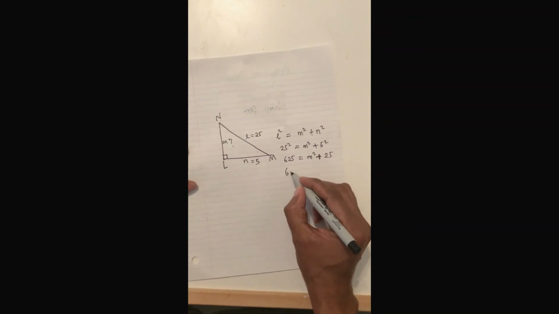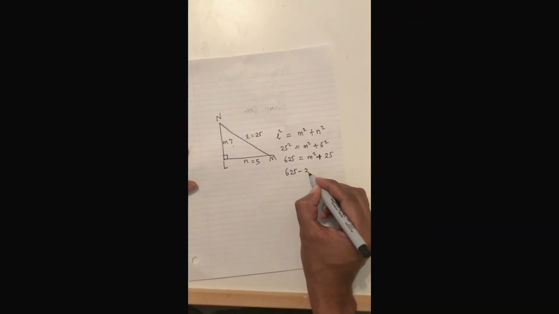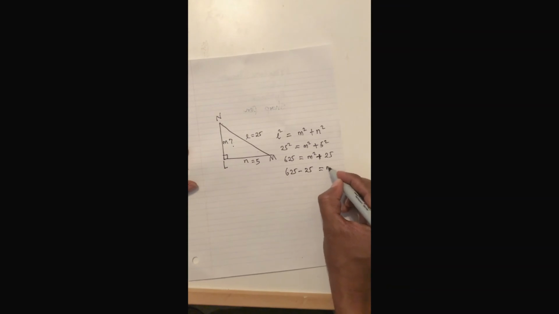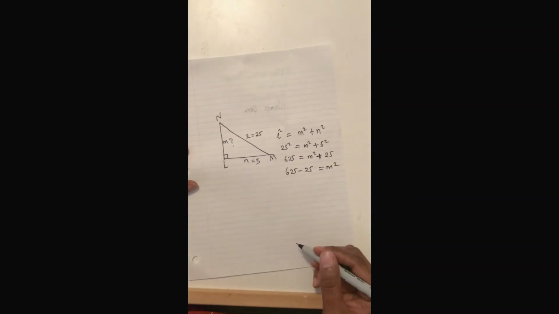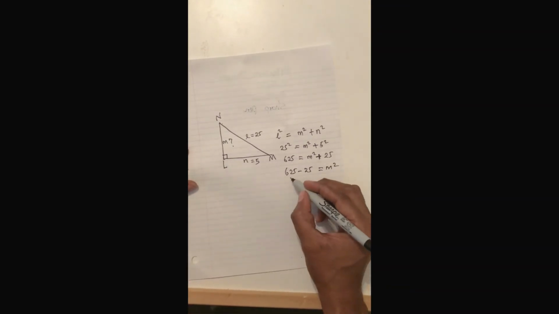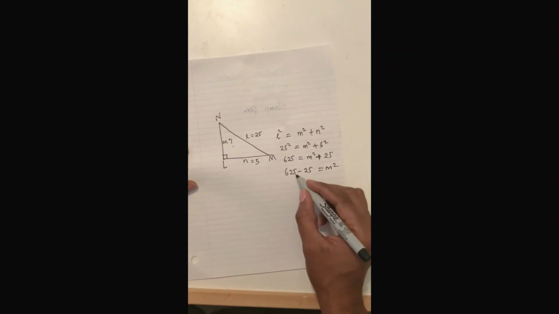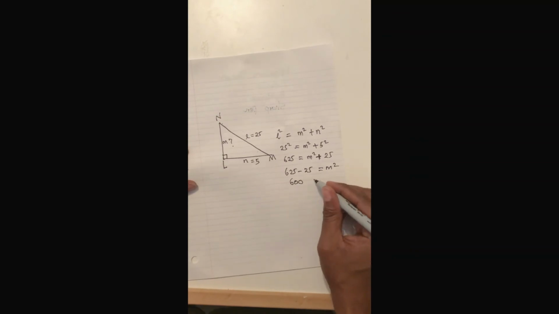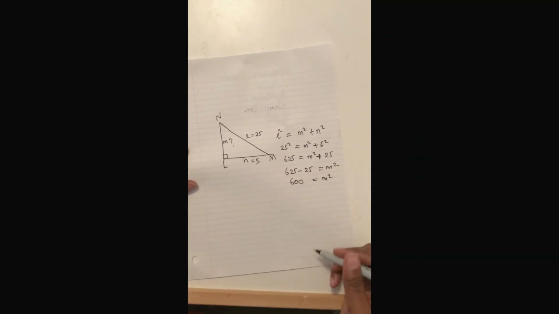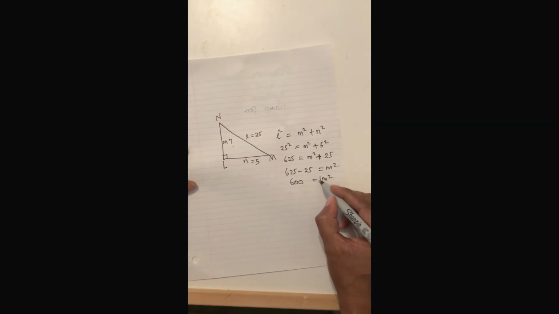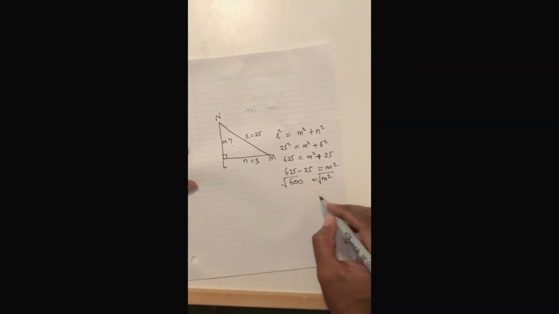So that means 625 minus 25 is equal to m squared. So this gives you 625 minus 25 is equal to 600, which is equal to m squared. In order to find m again, you square root both sides.